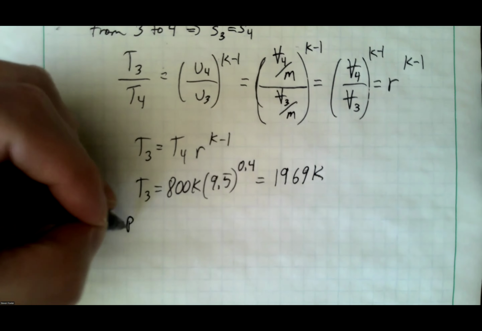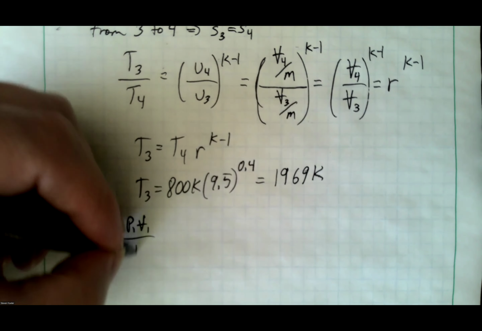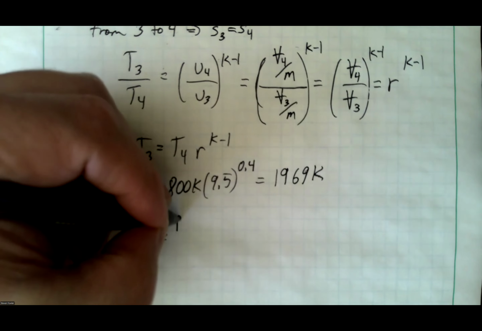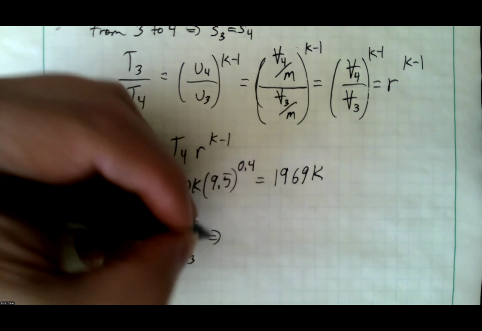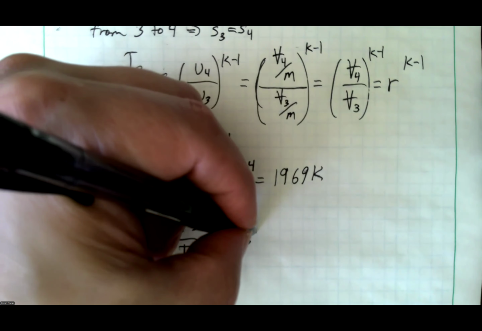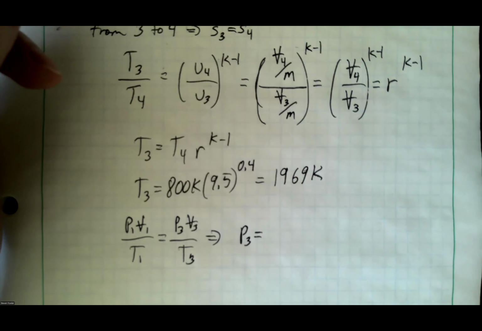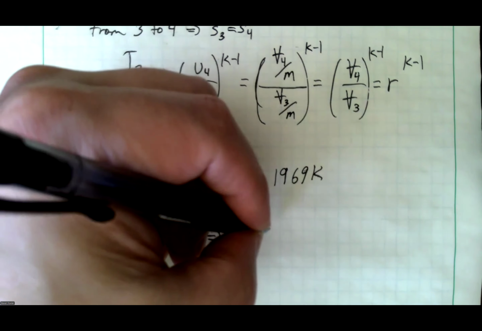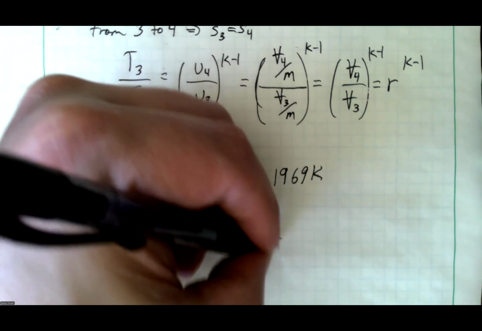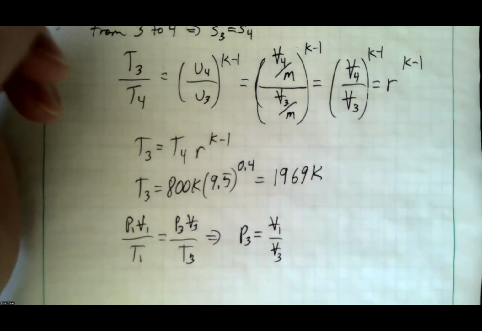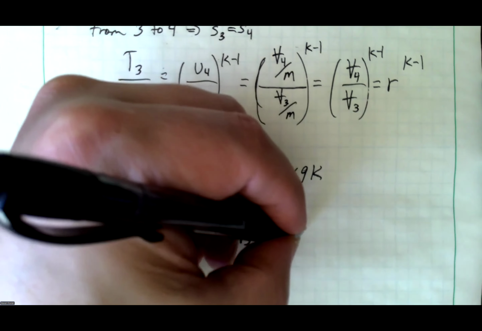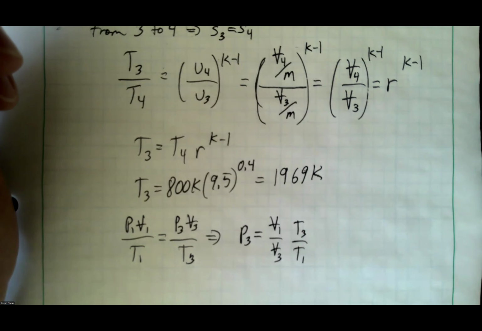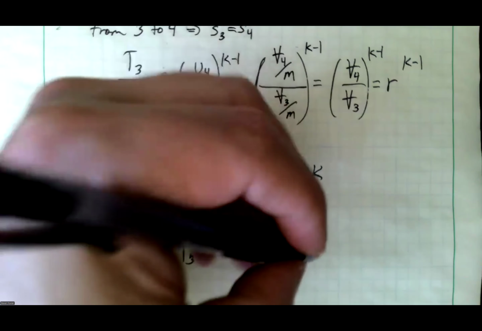So we're going to say that P1 V1 over T1 is equal to P3 V3 over T3. And we're going to solve that out for P3. So P3, and I'm going to group like terms together. That means I'm going to put V1 over V3, T3 over T1, and then I'm going to put P1 by itself.